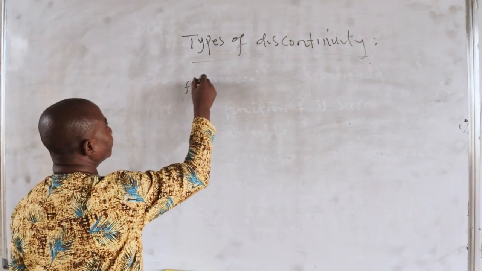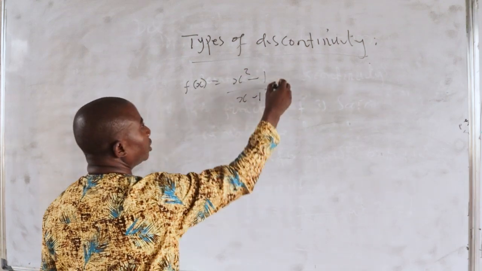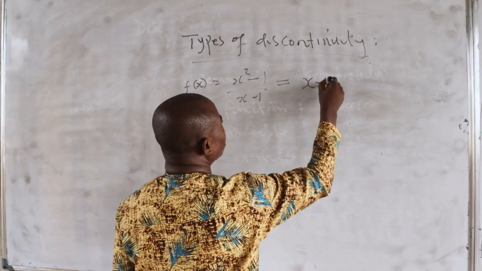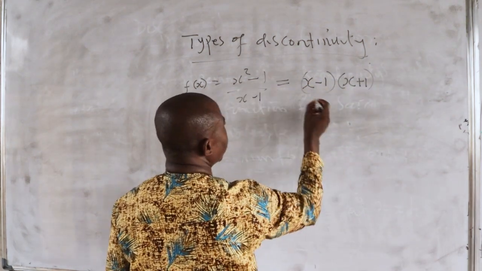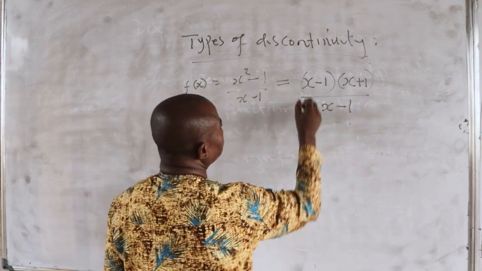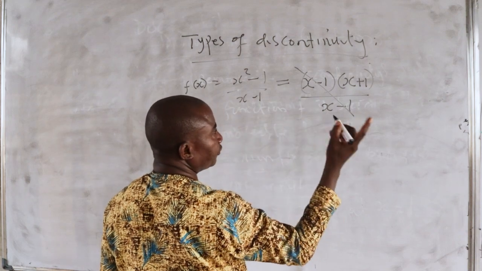Our f of x, like we know, is x squared minus 1 over x minus 1, which we can rewrite as x minus 1 multiplied by x plus 1, difference of two squares, divided by x minus 1. And then here, x minus 1 will divide x minus 1 to give us 1.